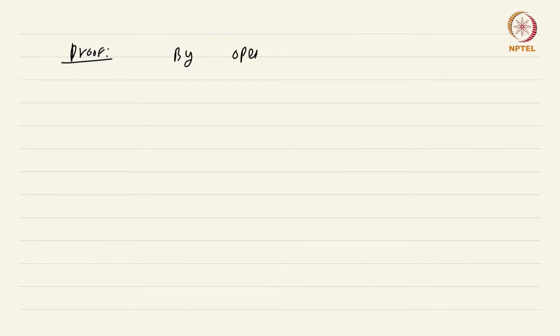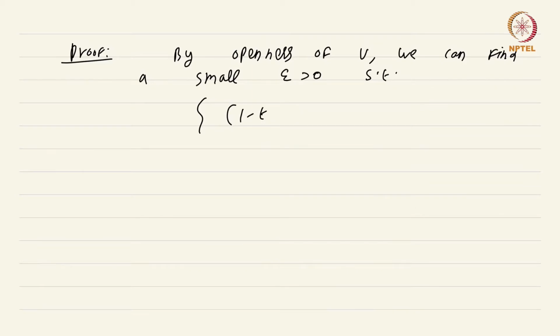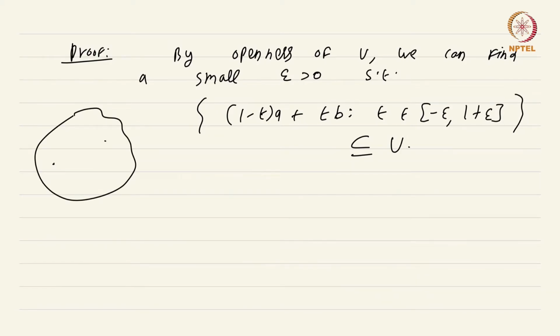So by openness of U, we can actually find a small epsilon greater than 0 such that this entire set {(1 minus t)a plus tb such that t comes from the closed interval minus epsilon to 1 plus epsilon} is a subset of U. That is, we have assumed that the line segment joining A and B is contained fully in U. What I am saying is you can extend this line segment a bit further on both sides.